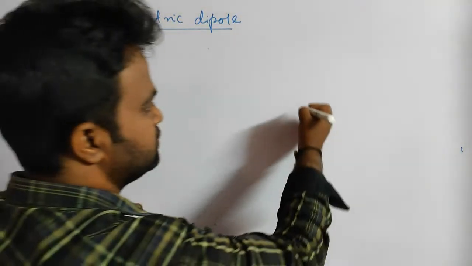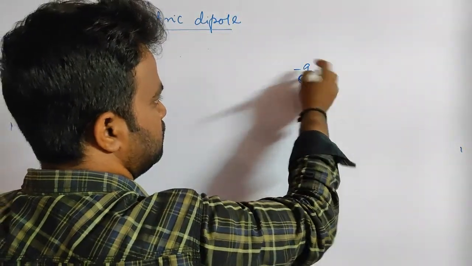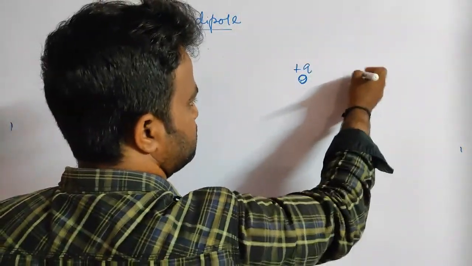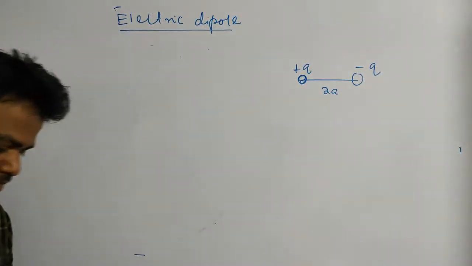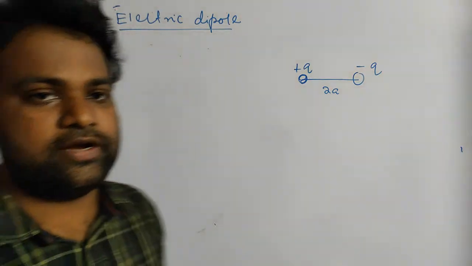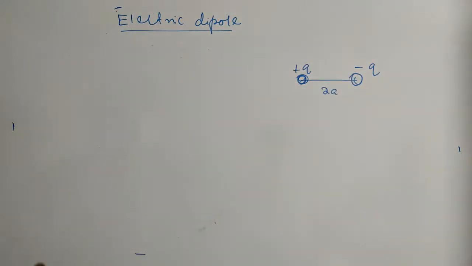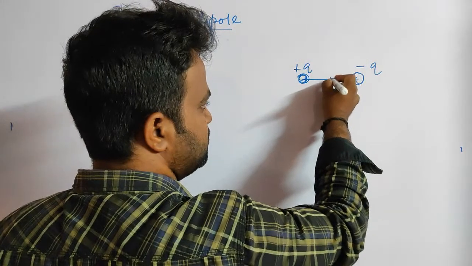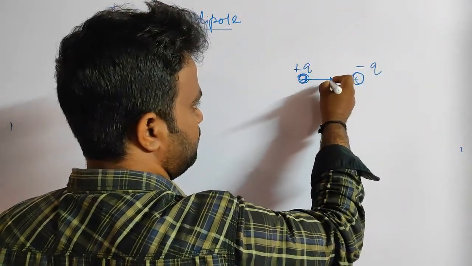So if two charges, minus q and plus q, are separated by a distance 2a, very small, not very large, and the midpoint of this is called the center of the dipole.